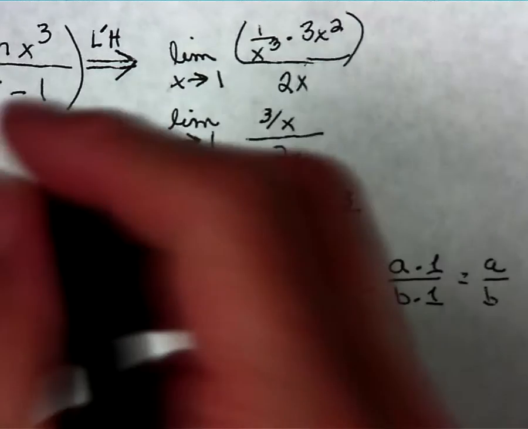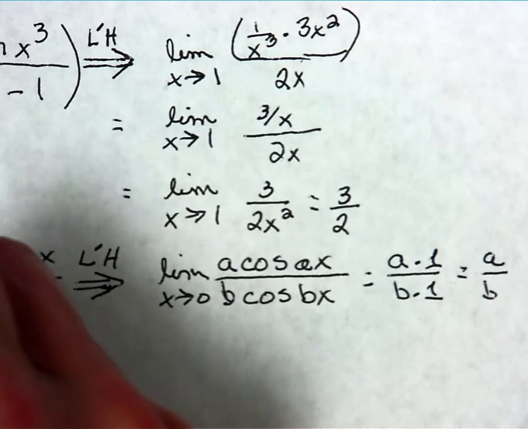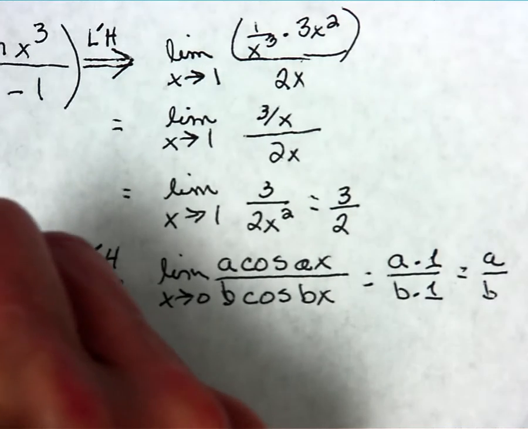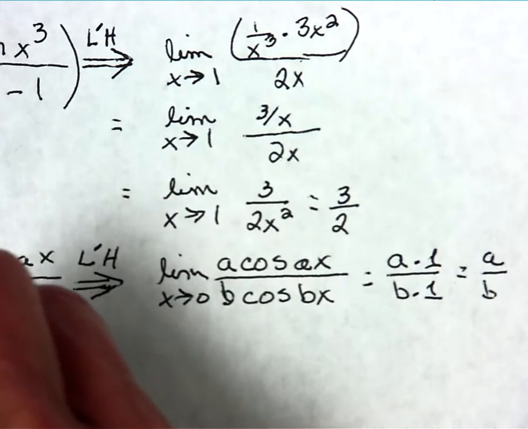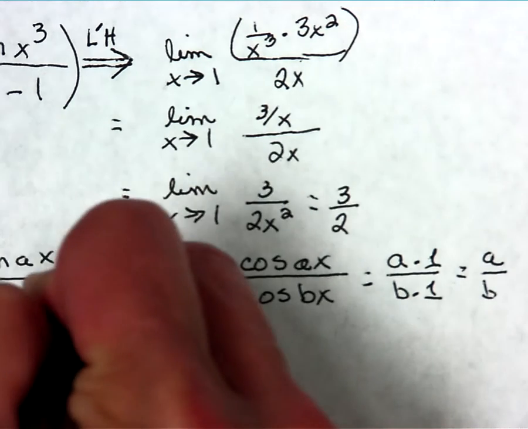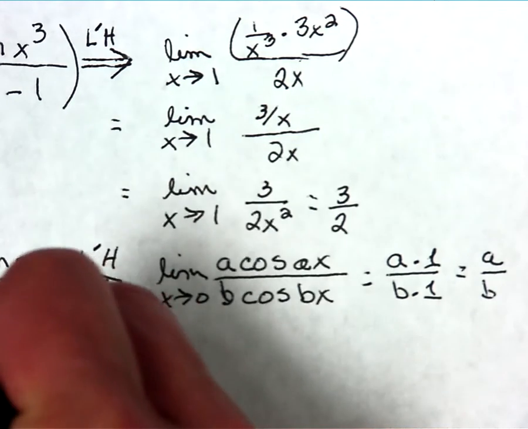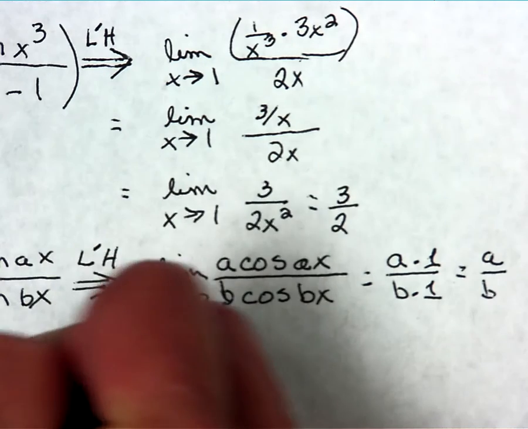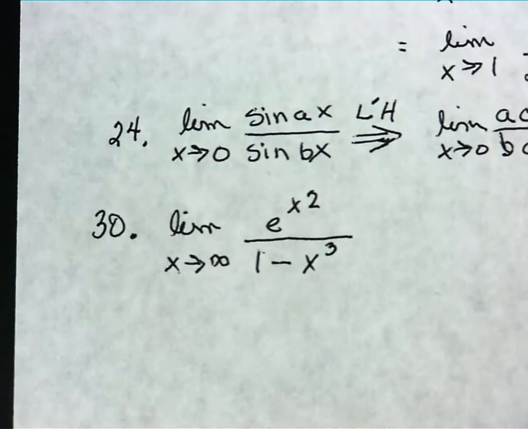Let's look at number 30 and figure out whether we would actually have to use L'Hopital's rule. See if we can anticipate what the answer is going to be and maybe verify it with L'Hopital's rule. Limits at infinity.